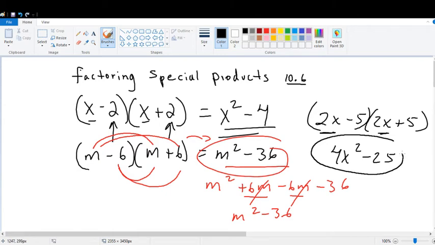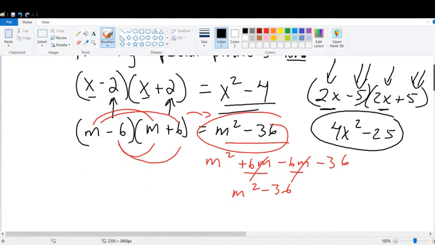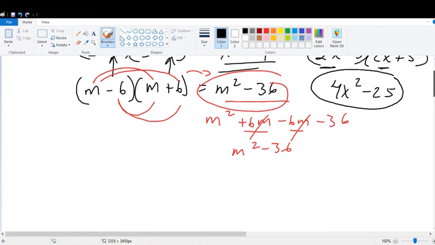We can do this only when these two are the same and when these two here are additive inverses. If our binomials are not set up this way, then you have to distribute each one. All right?